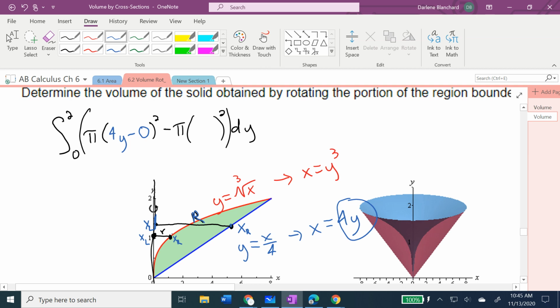For the inner radius, the right x is y cubed, the left x is 0. That looks like a G, and it's bugging me. There we go. From there, you'll make the algebra look nicer, use some power rule, and enjoy the integration.